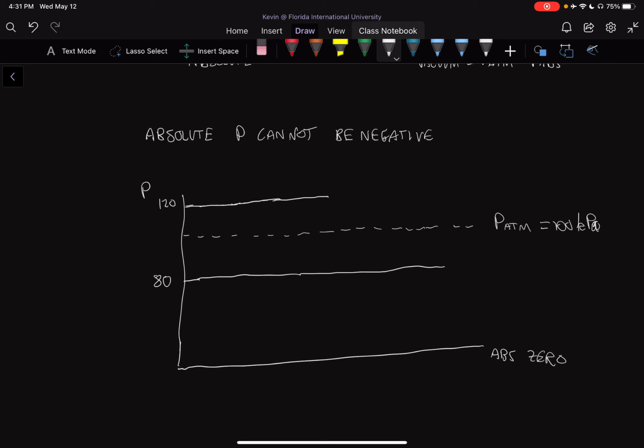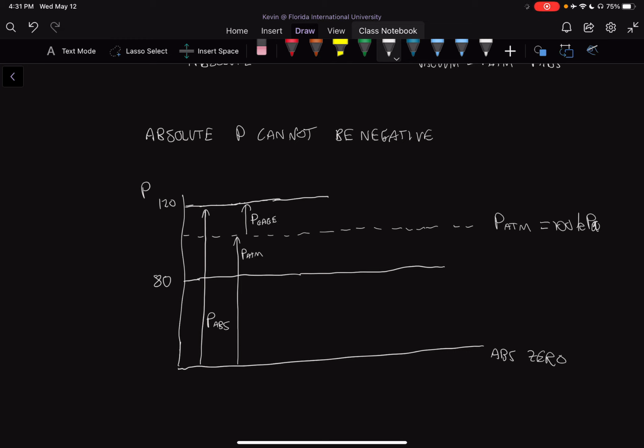So the absolute pressure is always the pressure starting from 0. So this is the P absolute. Okay, that's the absolute pressure. Then this is obviously our atmospheric pressure, P atmospheric. And the difference between atmospheric and absolute is our P gauge.